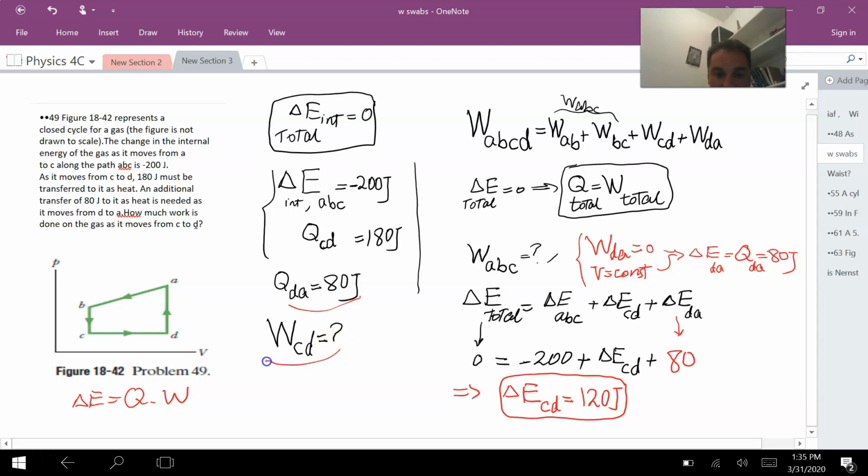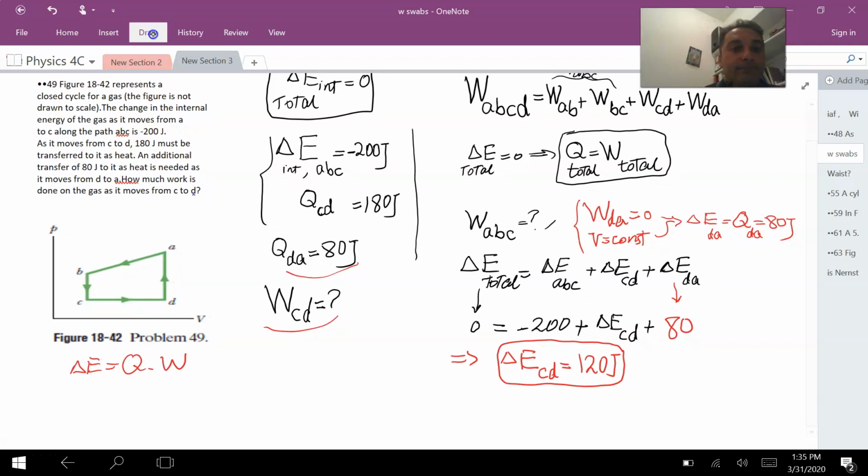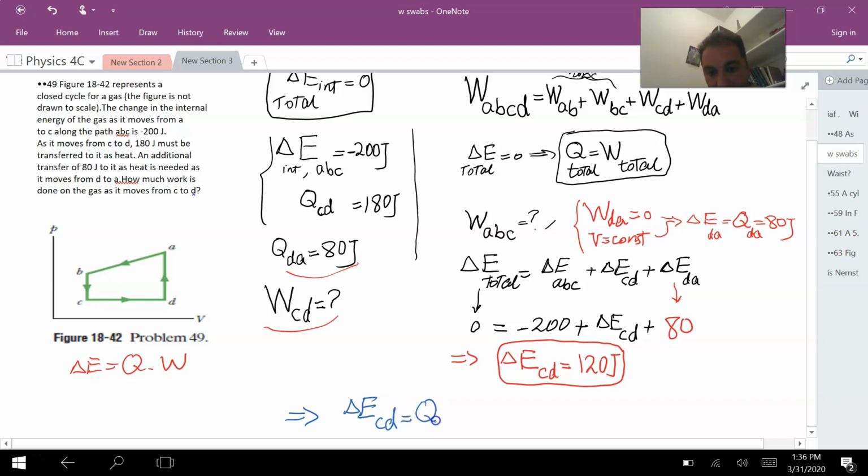Remember, my goal is finding work in the path of CD. Now I can say delta E in the path of CD is Q in the path of CD minus W. Delta E is 120.